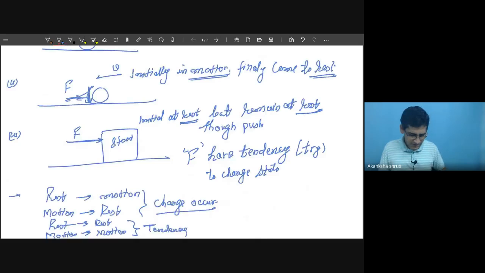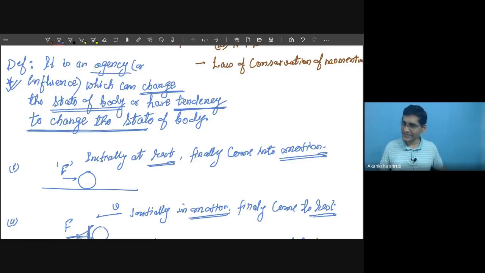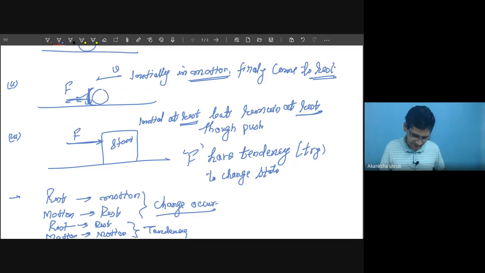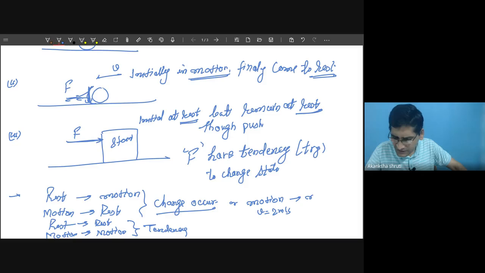Students, the definition of force: the influence or agency, meaning something externally applied which is able to change the state. If the body is at rest, it is able to convert it into motion, or if it is in motion, it is able to convert it into rest. Or there is another thing: say motion initially at a lower speed, say 2 meter per second, but on applying some force, the speed has increased to 5 meter per second.